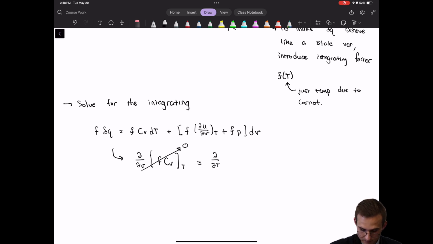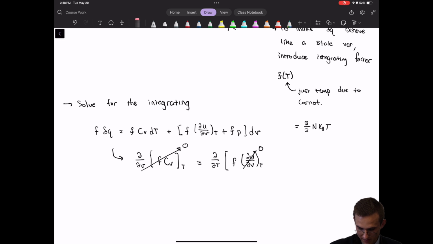But then we have d by dT of this quantity F times dU/dV at constant T. And again, I told you before that dU/dV itself actually goes to 0. This is because U at this point was known to only be a function of temperature. To be precise, for a monatomic gas, uppercase U, you can write it as 3/2 N kB T, N being the total number of particles.